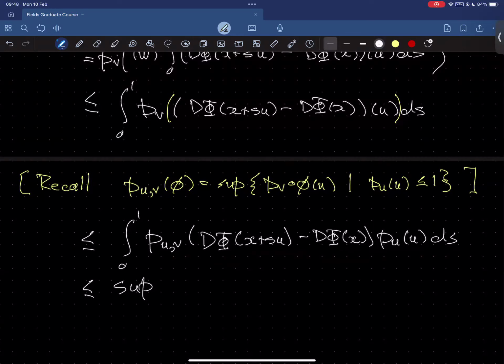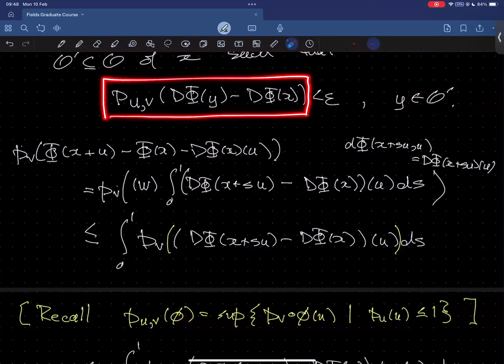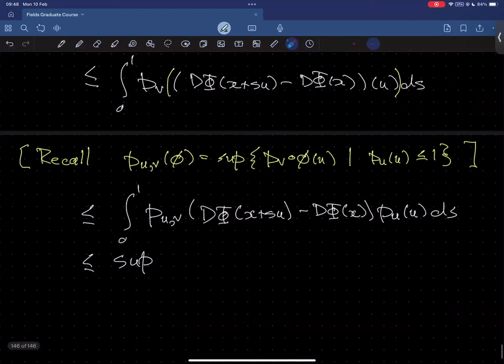Okay, and when you do that, notice, remember my assumption here. My assumption is that on this neighborhood O prime, the operator norm satisfies an equality like that. So I'm going to apply that to this term.